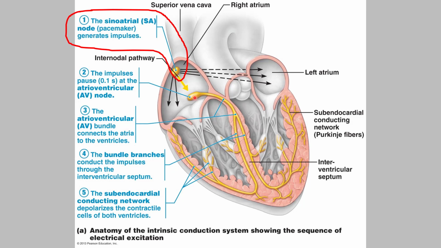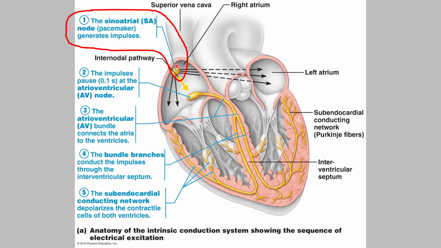They just do not contract and relax. Instead, they generate electricity. There are a few different areas of the heart that are given names, and we're going to learn those names and see what they do in our next lecture.